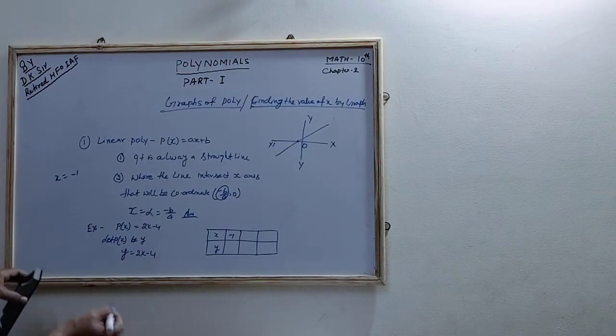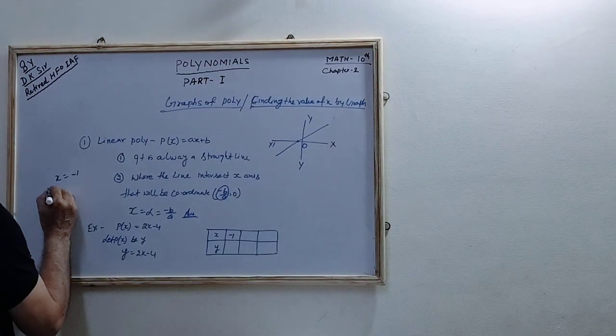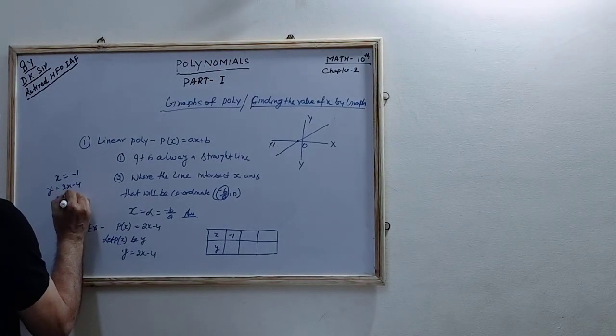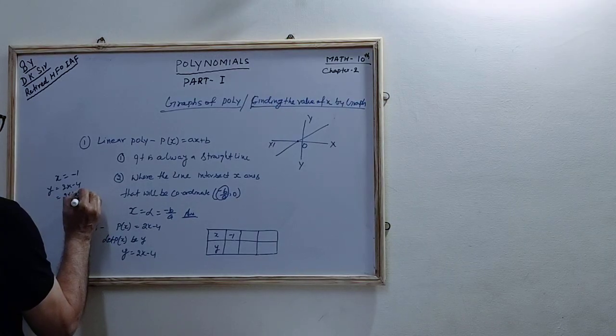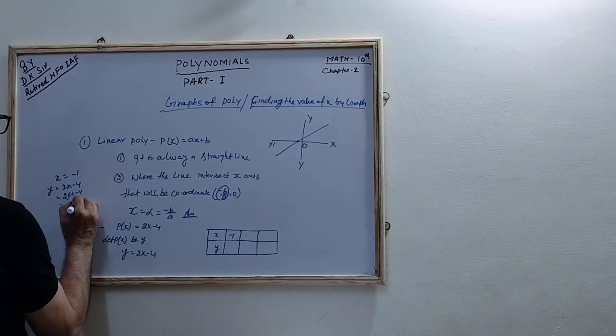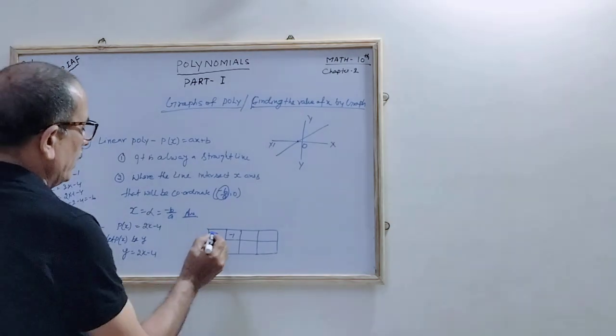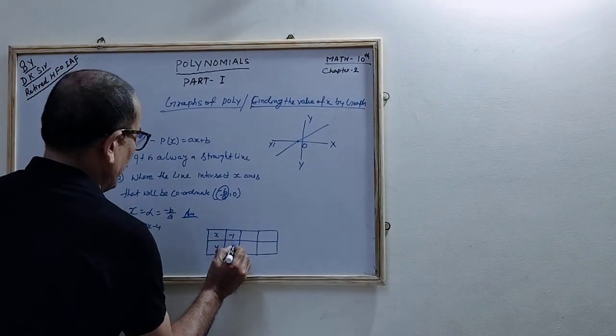Then y is equal to 2x minus 4, so y is 2 into -1 minus 4, which is -2 minus 4, equal to -6. So when we put -1, y becomes -6.